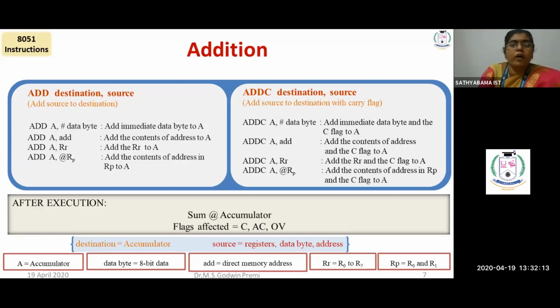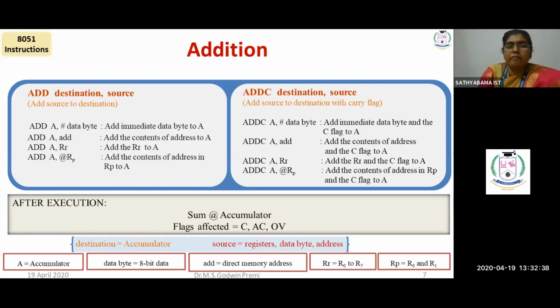For example, ADD A, 40. Here 40 is the memory address; recall the internal RAM organization, 40 will be in the internal memory. If you have some data in that address 40, that data will be added with the accumulator content and the result will be stored in the accumulator.